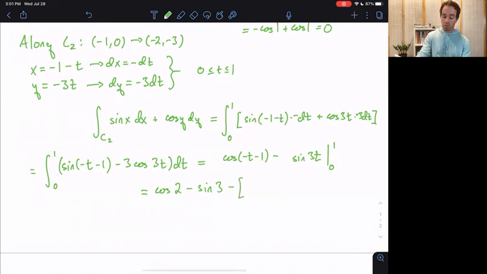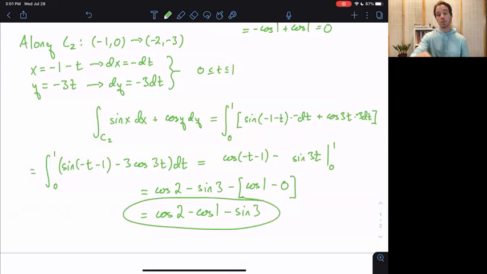Minus, and this will be the 0 evaluation, cosine of 0 minus 1, which is cosine of negative 1 or cosine of 1. And then minus sine of 0 is 0. So collecting, this is cosine of 2 minus cosine of 1, just so that we're writing the cosines together, minus sine of 3. And there you have it.